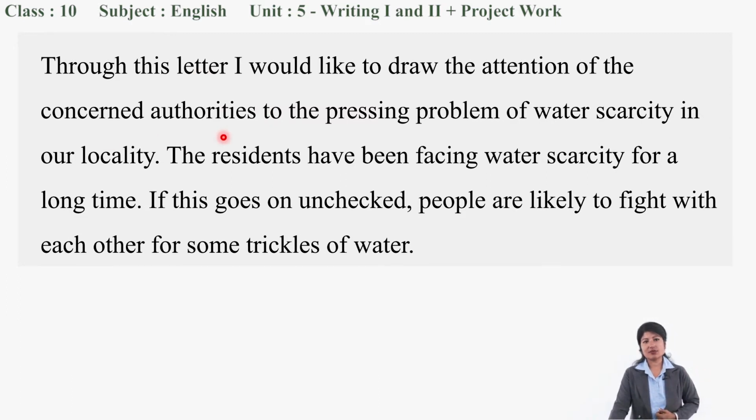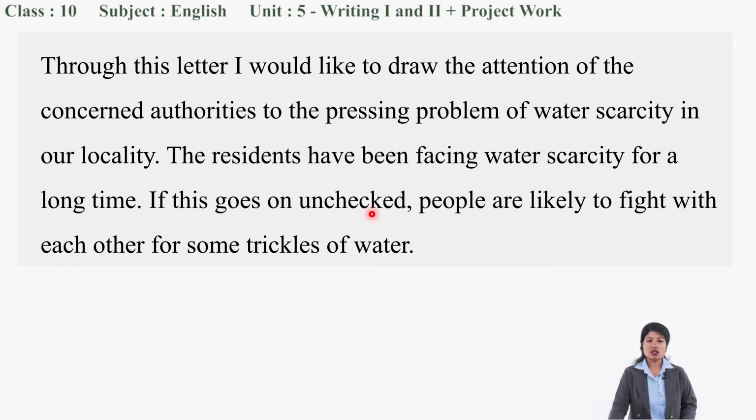Concerned authorities, or you can just write authoritative people, to the pressing problem, means serious problem, the issue that is going on, severe problem of water scarcity in our locality. Water scarcity, their problem is water scarcity. The residents have been facing water scarcity for a long time.